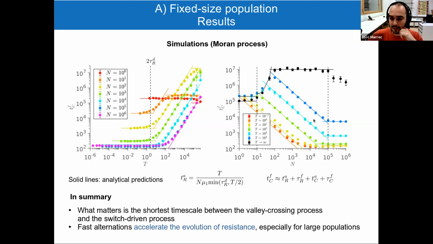And we observe that we have a linear dependence on 1 divided by the population size. Okay. And so when you take a look at these two graphs, you can see that fast alternations accelerate the evolution of resistance, especially for large populations.